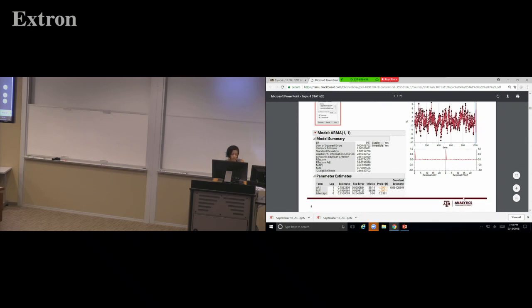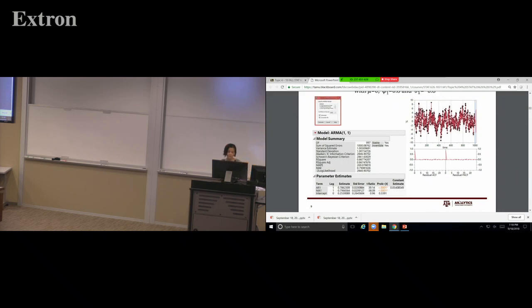Pay attention to your parameter estimates for phi 1 and theta 1. You would like for those to be significant, and they are close to what we simulated. We simulated 0.8 for phi 1 and negative 0.8 for theta 1, and they're fairly close here.